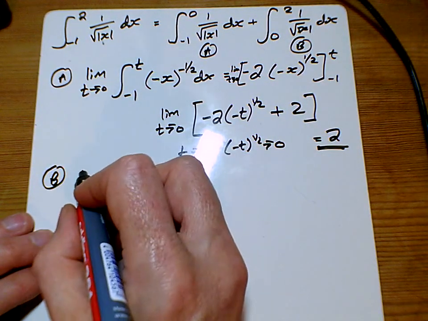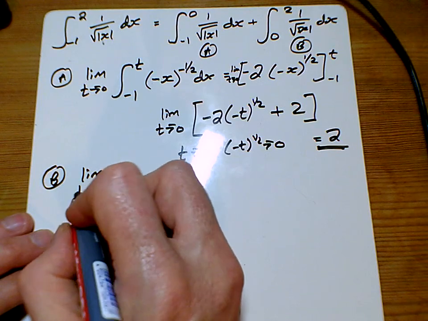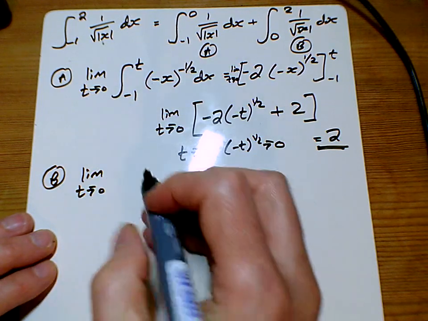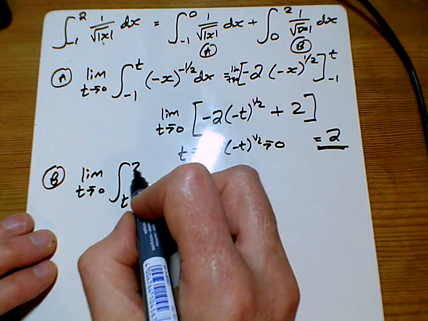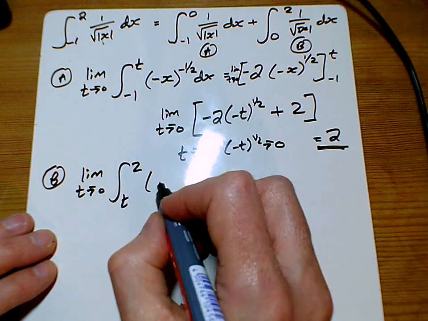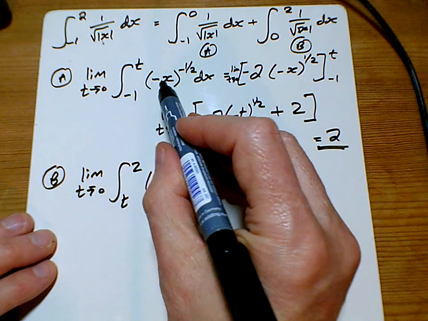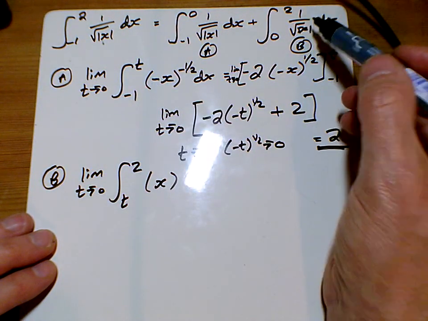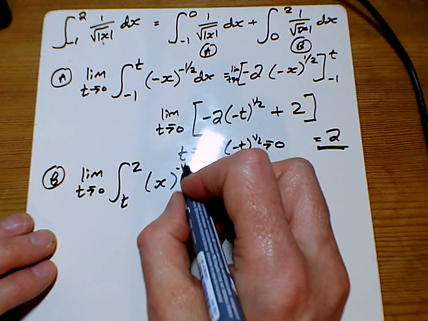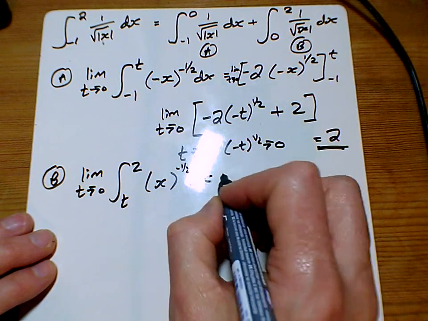Now I've got to do the second section as well, and this is, again, t tends to 0. This time it is a t on the bottom and a 2 on the top. This time this x here, that we had a minus x last time, well, now they're positive values, so I don't need a minus x this time. It's just x to the power of -1/2.